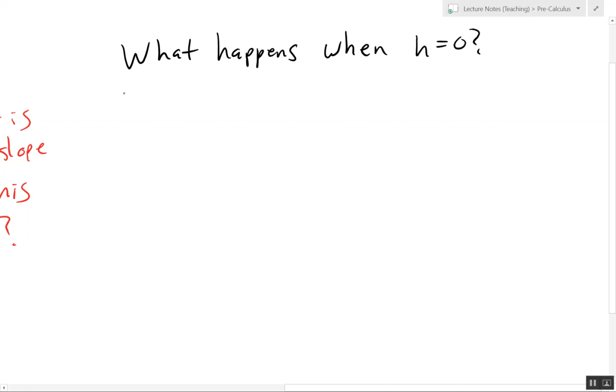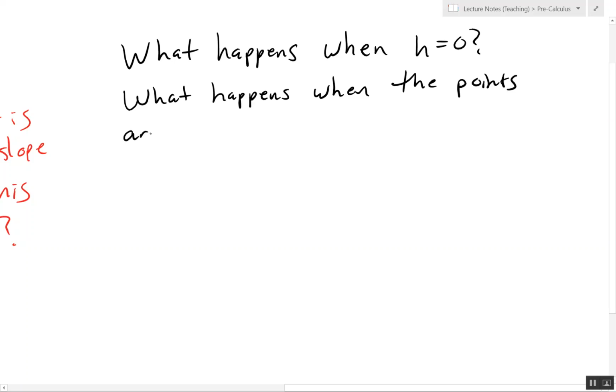In other words, what happens when the points are not distinct? So let's draw a picture to show what I mean.